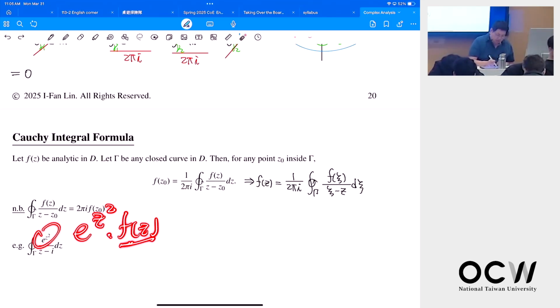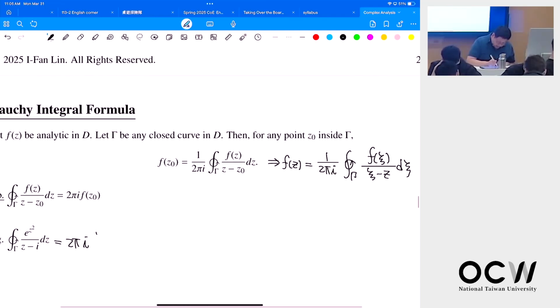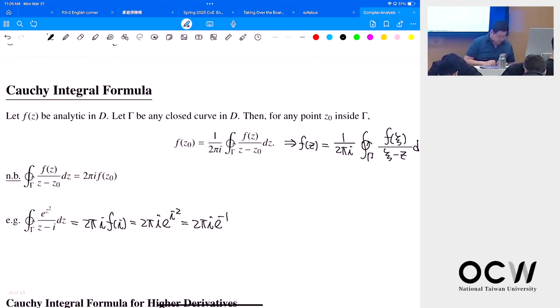It is differentiable for any points. Then you'll get 2 pi i f of i. And f of i is e to the i squared. That is 2 pi i e to the minus 1. Any questions for this?